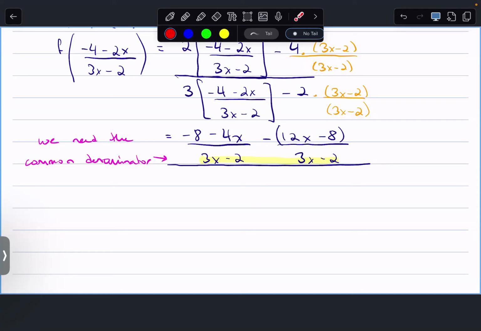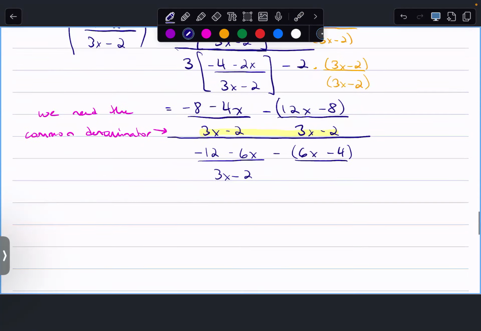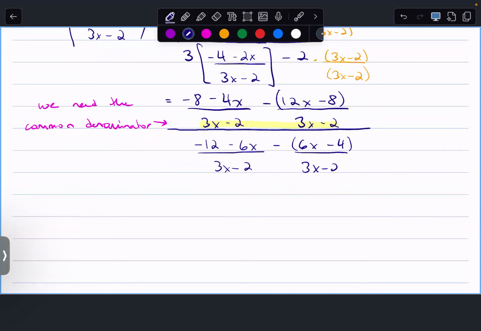But now we can do the same thing down in the denominator. So 3 times -4 is -12. 3 times -2 is minus 6x over 3x minus 2. Then I'll keep it as minus 2 times 3x, 6x, and 2 times -2 is minus 4 over 3x minus 2.